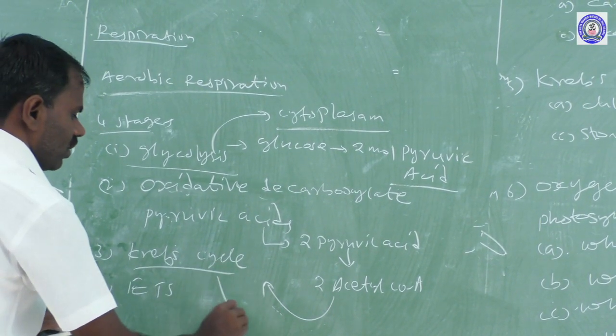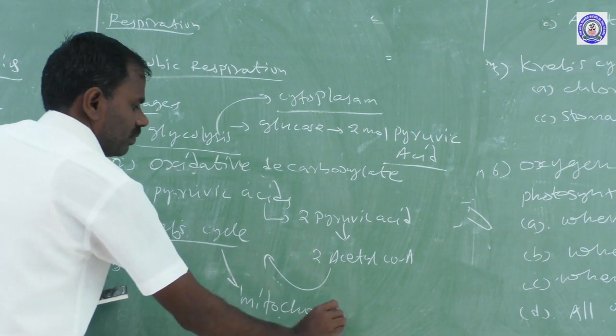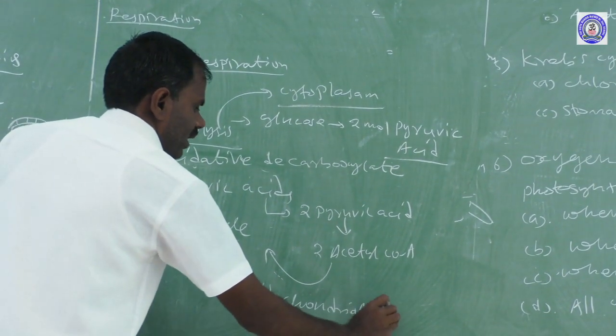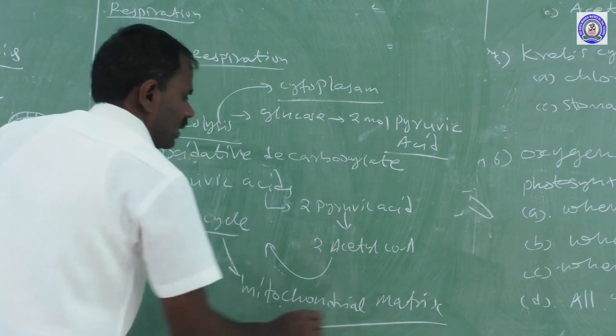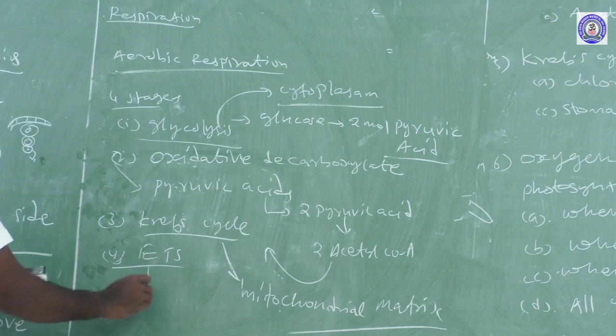The Krebs cycle occurs only in the mitochondrial matrix. Oxidative decarboxylation also occurs in the mitochondrial matrix, and the electron transport system occurs only in the inner membrane of the mitochondria.